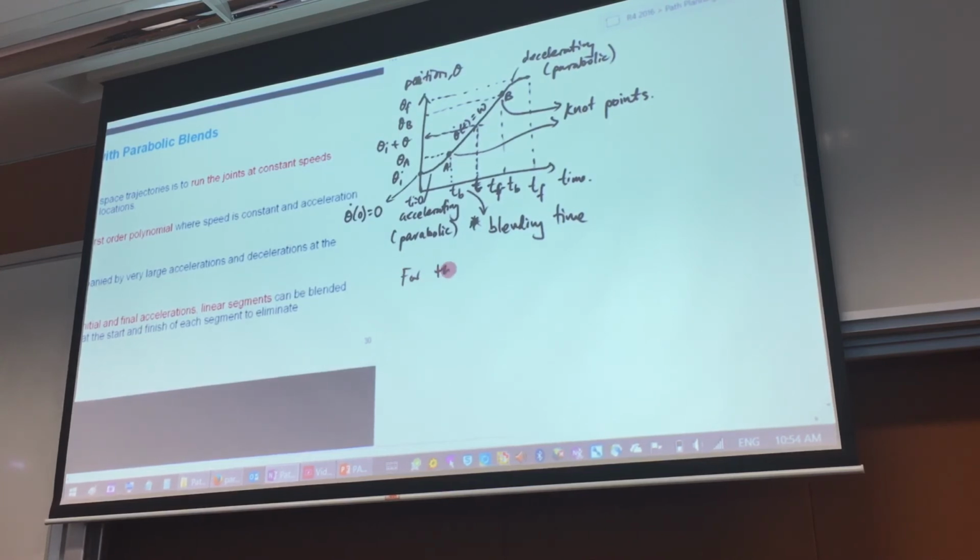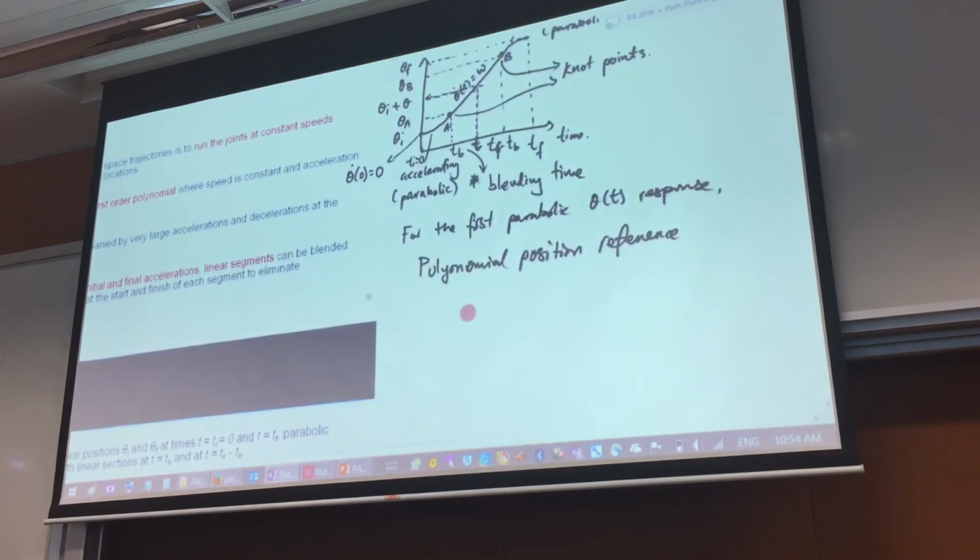Now for the first parabolic theta t response, the polynomial position reference equation is going to look like this.